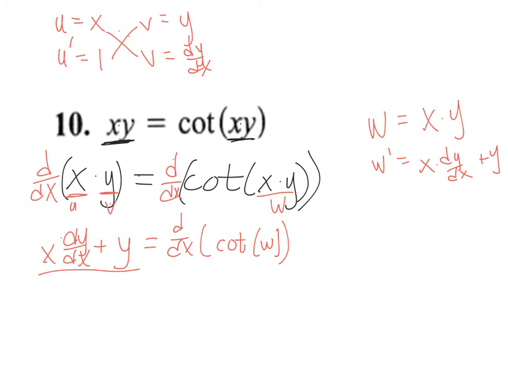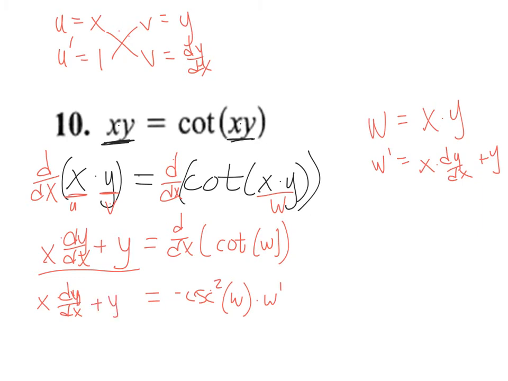So if I take my derivative, the derivative of cotangent is negative cosecant squared of w times w prime. I'm taking the derivative with respect to x here. This is not x, this is w. So now I can just substitute all that stuff back in.